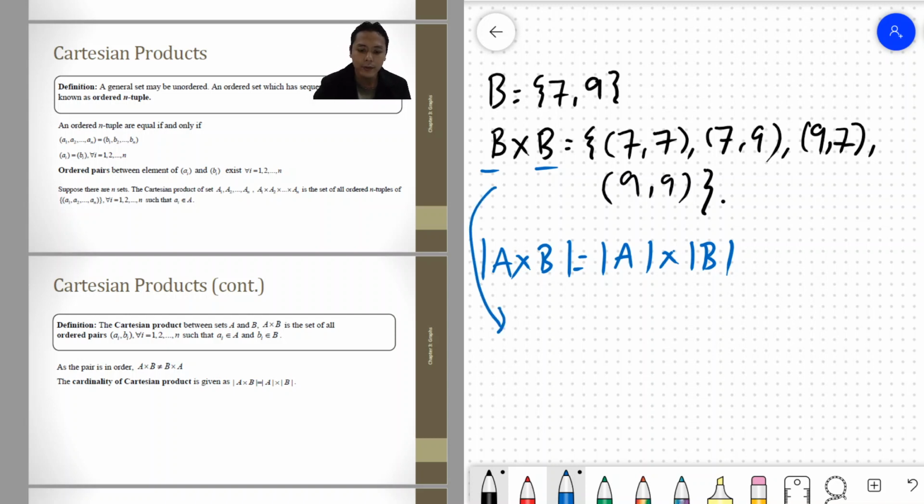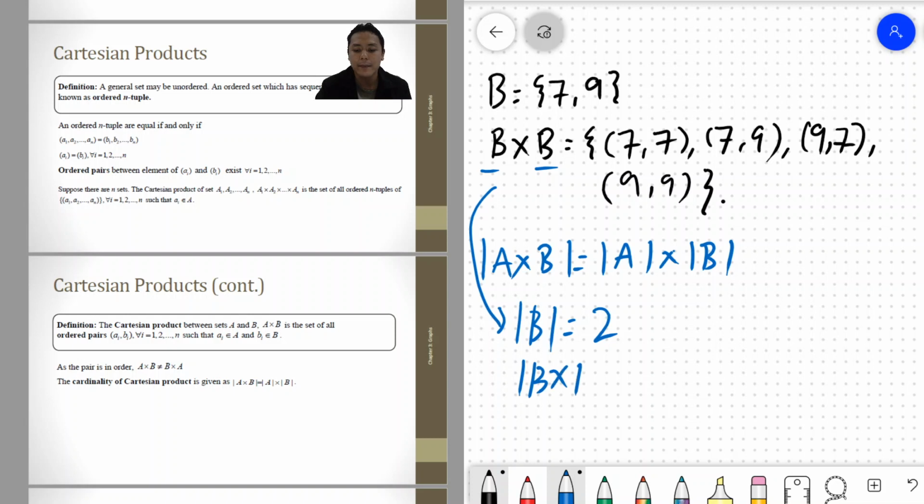If you use this formula, what is the cardinality of B? As you recall from the previous lecture, the cardinality of a set is given by the number of distinct elements inside the set. So the cardinality of B is 2.